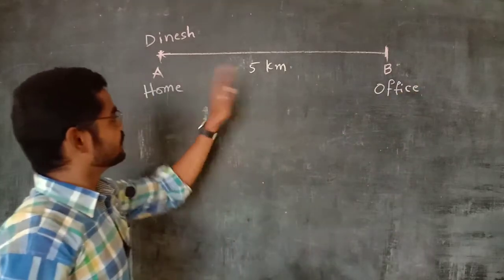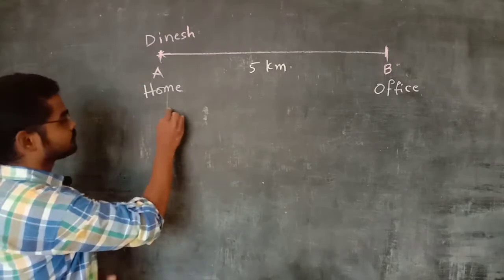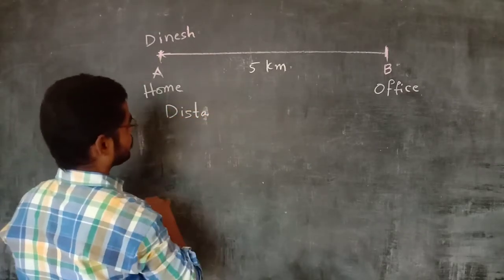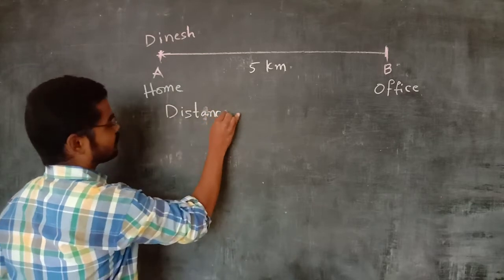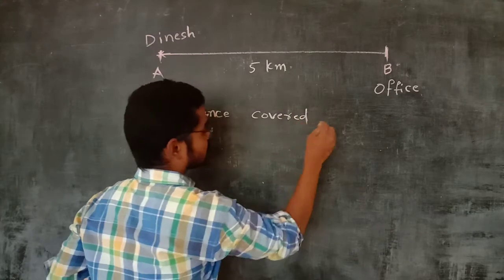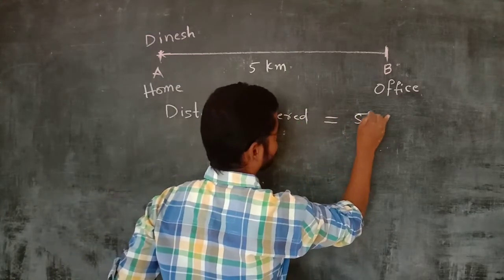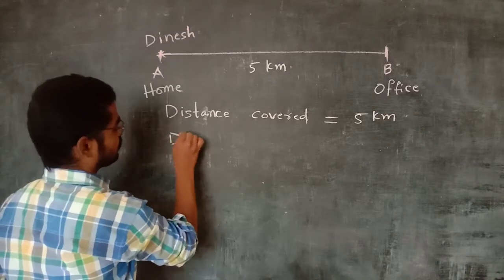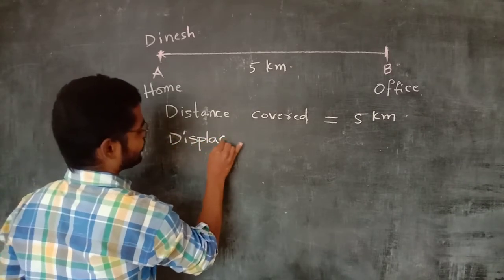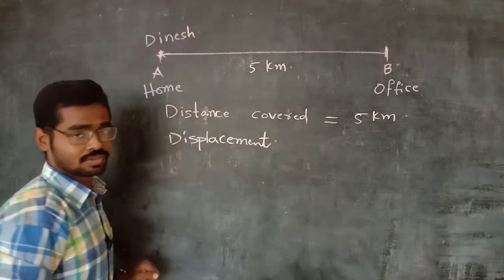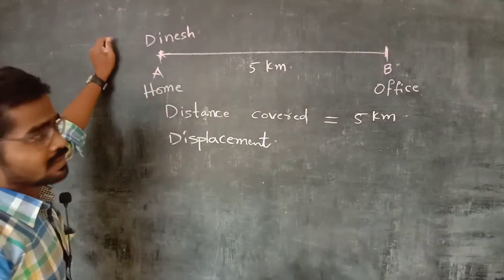What is the distance covered by Dinesh? Distance covered is equal to 5 kilometer. Displacement. See, whenever anyone asks you about displacement, don't think so much.